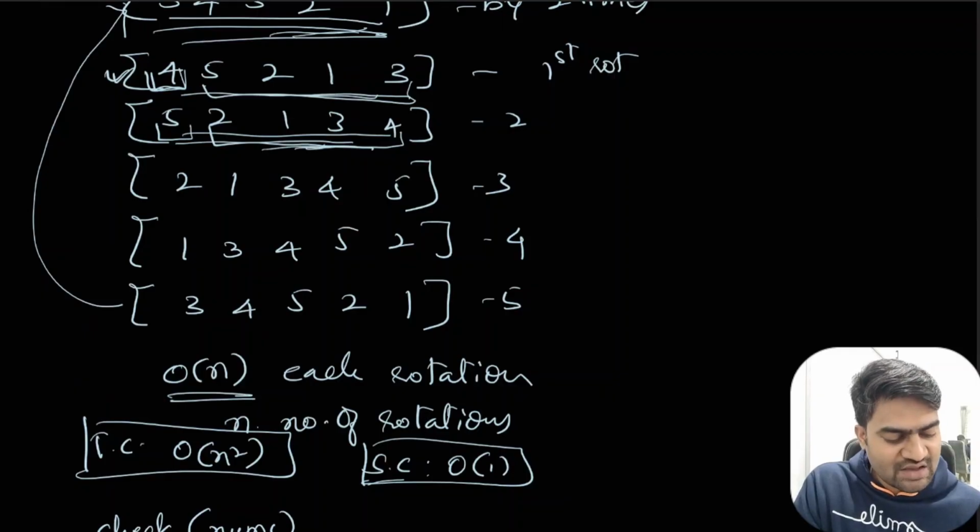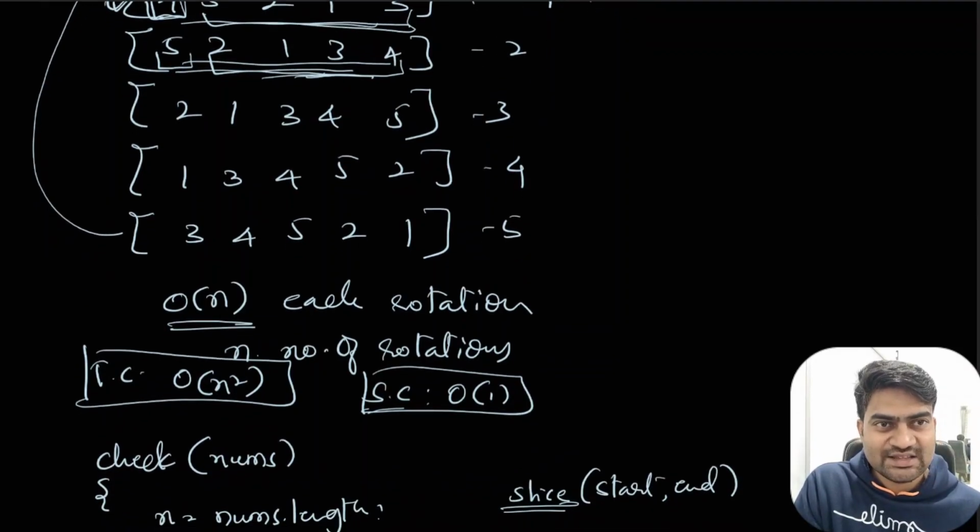But in Java, we will have to mimic this rotation. We are not really rotating it, so we need to mimic this process. That is mathematically called the modulo operation, something like that.